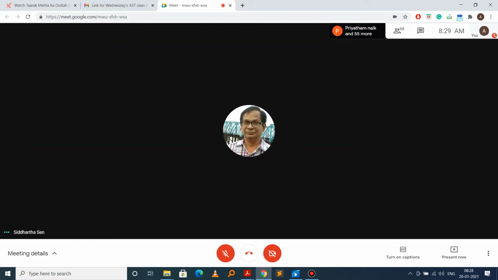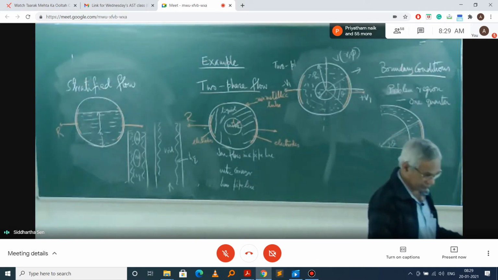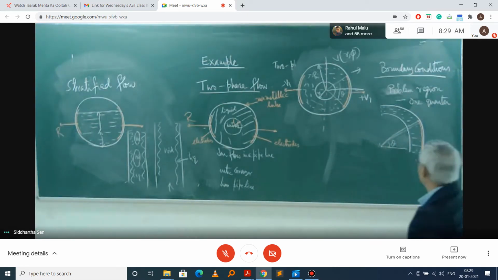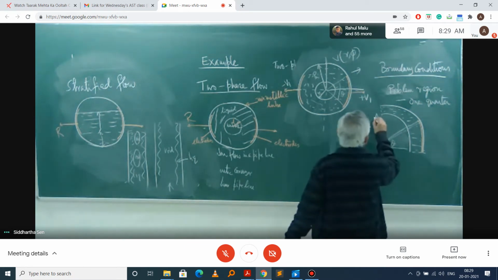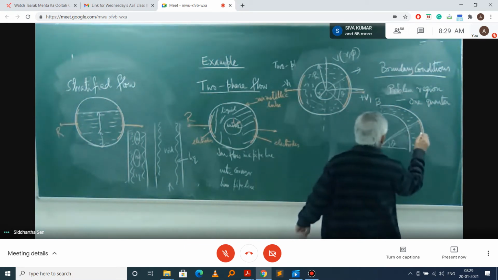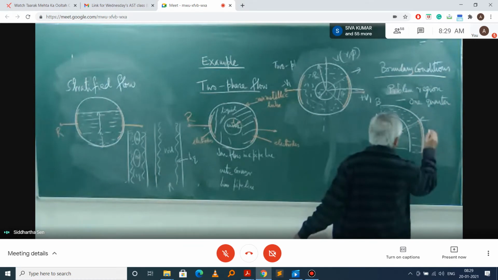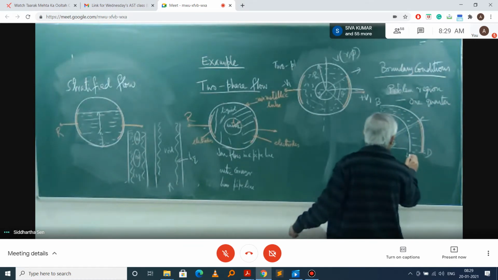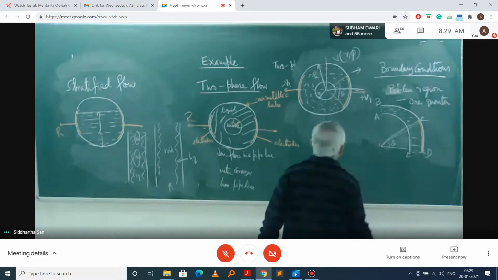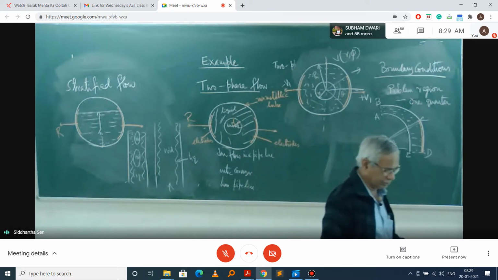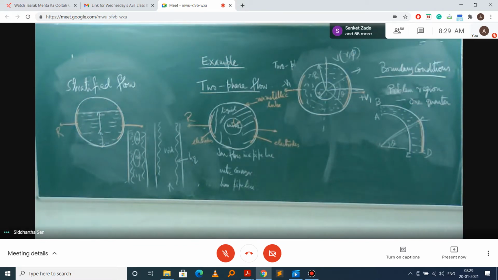Now, what are the boundary conditions? I just put the names here: A, B, then C, D, E, and like this. So the boundary conditions we will have like this.